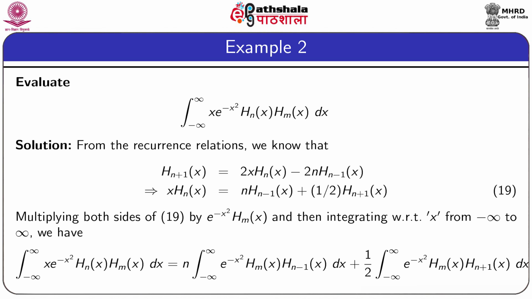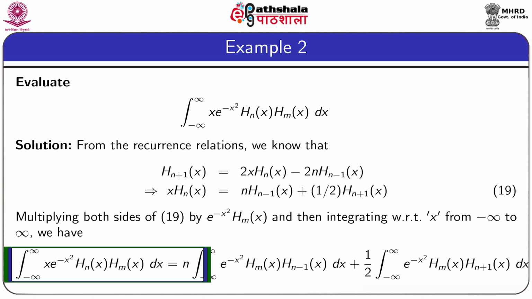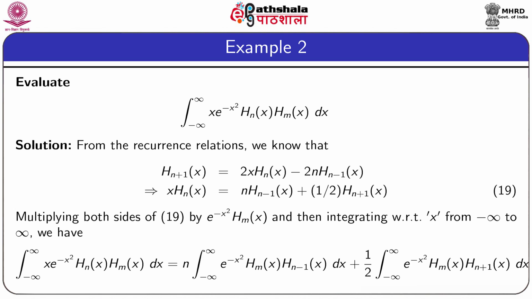If you do that, we will get the integral from minus infinity to plus infinity of x e to the power minus x square H_n(x) H_m(x) dx is equal to n times the integral from minus infinity to plus infinity of e to the power minus x square H_m(x) H_{n-1}(x) dx plus half of the integral from minus infinity to plus infinity of e to the power minus x square H_m(x) H_{n+1}(x) dx.